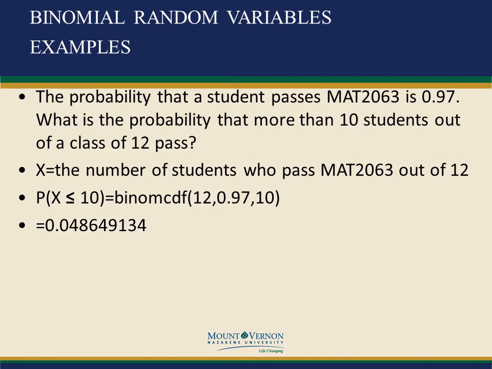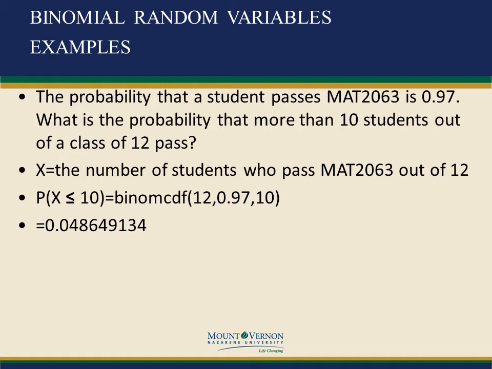Look back at the problem. It says, what is the probability that more than 10 students pass? More than 10 is the same as greater than 10. So I have the probability of x being less than or equal to 10. To get the probability that x is greater than 10, I'll subtract from 1.